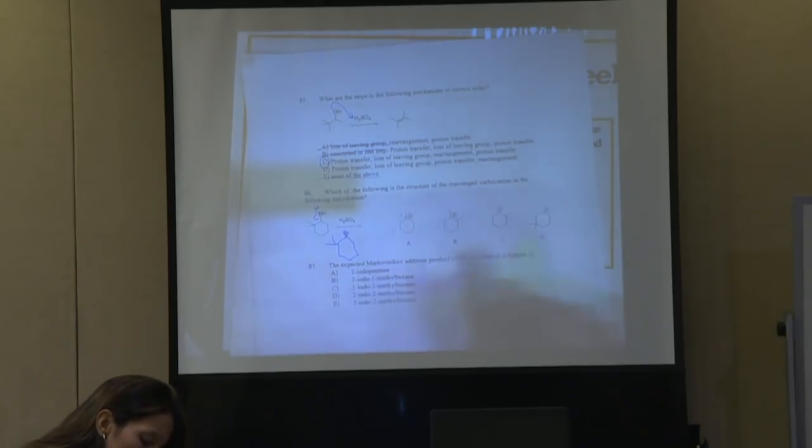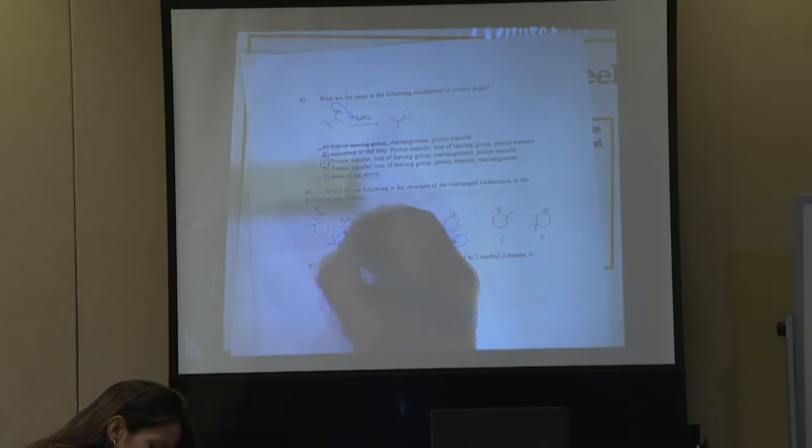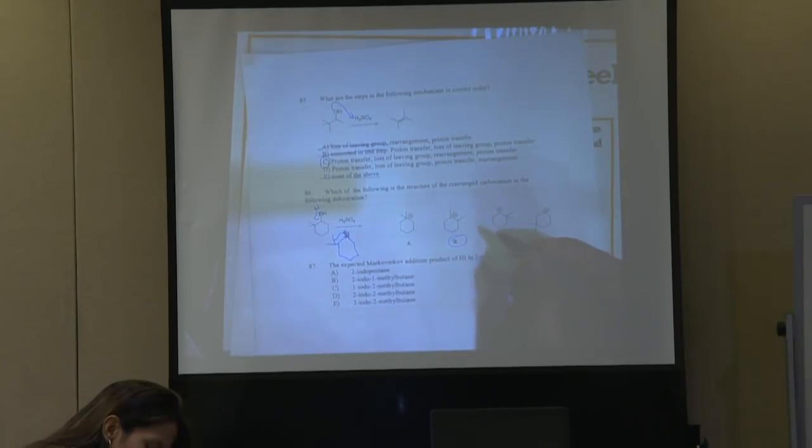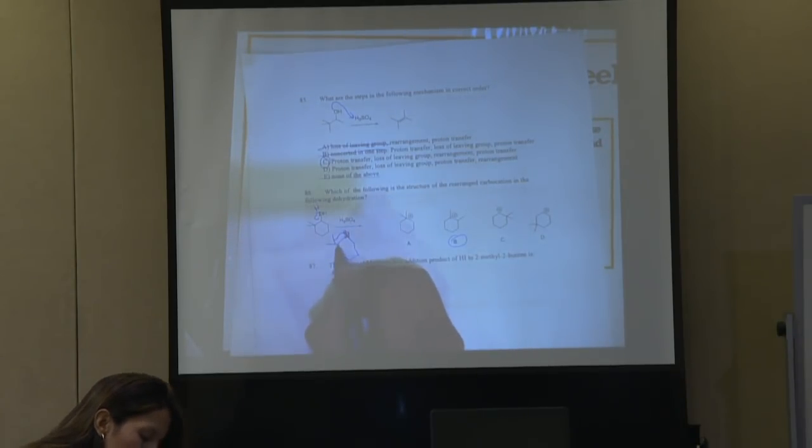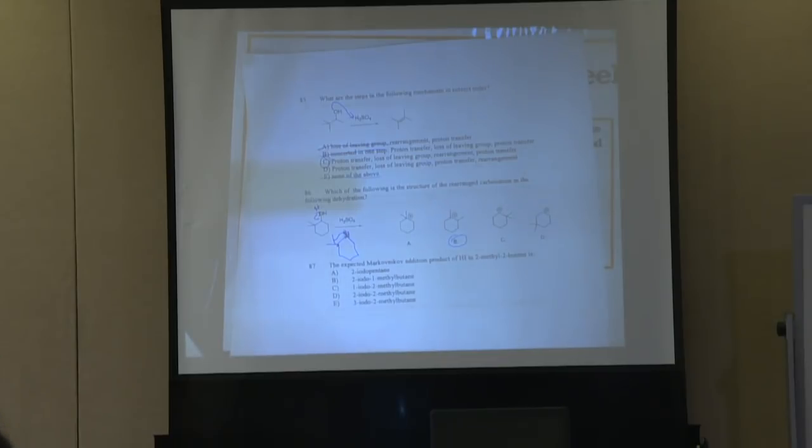So what answer is it? B. So I'm going to move this methyl over here, and now my carbocation is here. Everybody good? So how come we did a rearrangement? To go from a secondary carbocation to a tertiary, which is more stable. Cool.